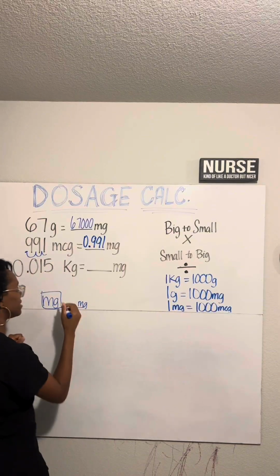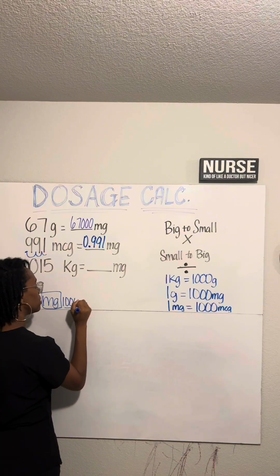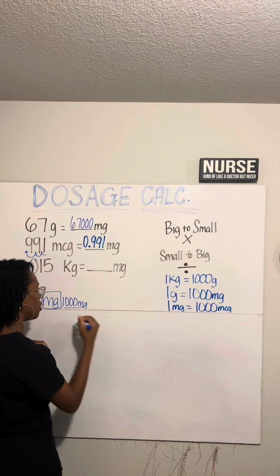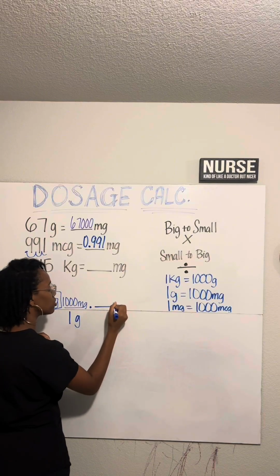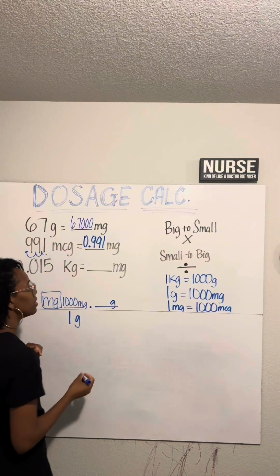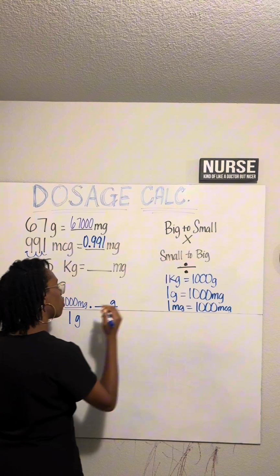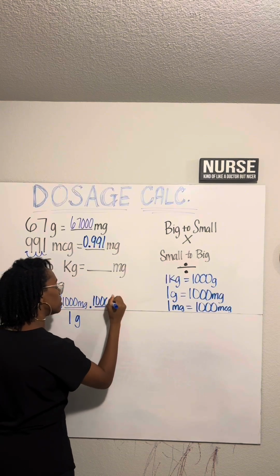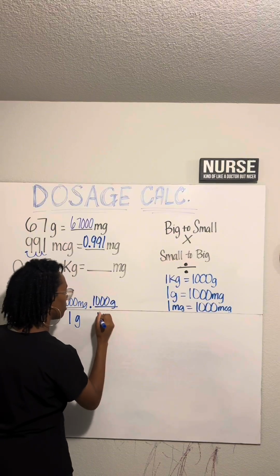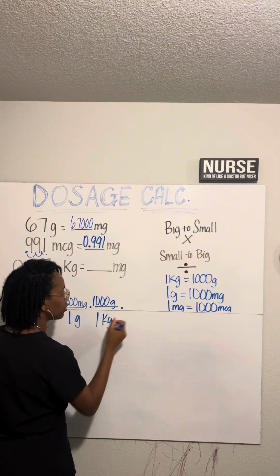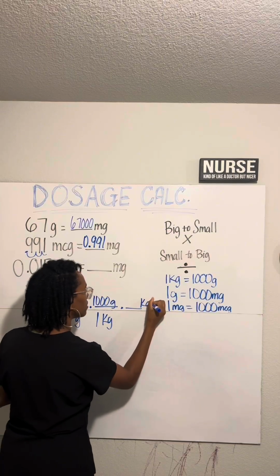So let's go ahead and say 1,000 milligrams equals 1 gram, all right? Then we have gram on the bottom, so we know we need gram on top, all right? So 1,000 grams equals 1 kilogram, all right? And we have kilograms on the bottom, so we need kilograms on top.